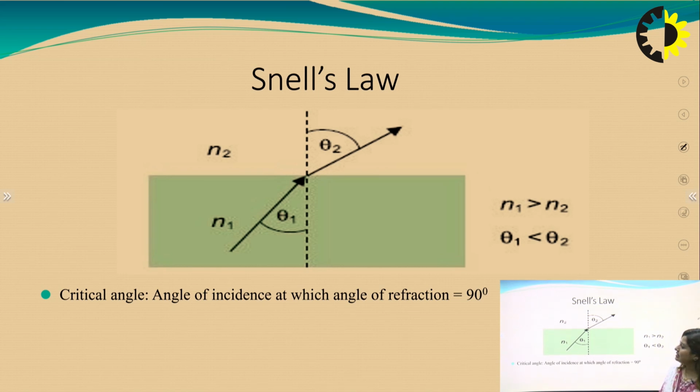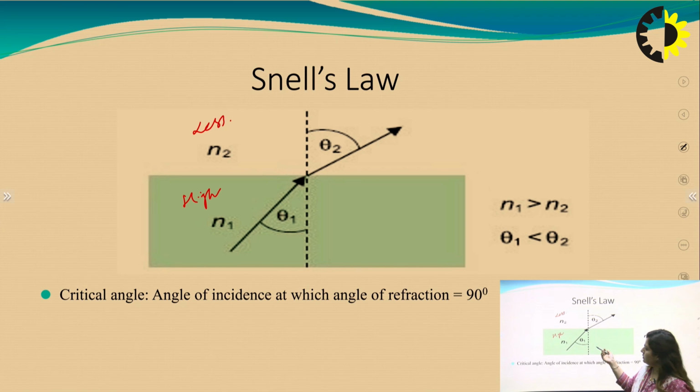When light is radiated, or you can say hits, from one medium to another medium, at the interface between the two mediums, the first medium has refractive index N1, which is higher as compared to the second medium. So, this is the high refractive index and this is the lower refractive index. The light is traveling from the denser medium to the rarer medium. The light makes an angle theta 1 in the denser medium and an angle theta 2 in the rarer medium.